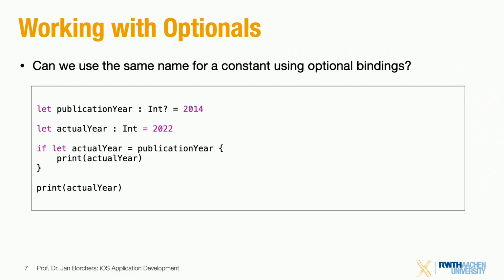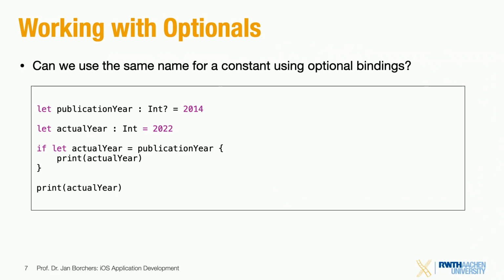Now we have here our if-let clause with the actual year, setting that to the publication year and trying to print out the actual year, both inside the brackets and outside of the brackets. First question for that, do you think that will work?